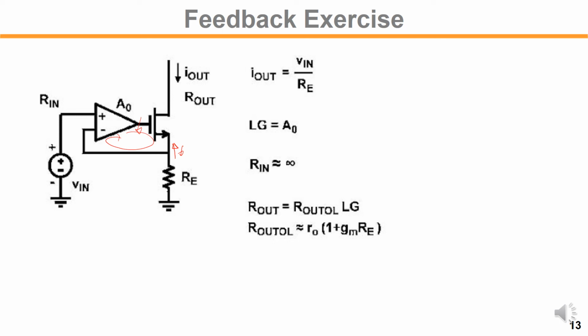The output current I out will be inside. Once the negative feedback is settled and stabilized, the difference between the input and the feedback voltage will be zero.